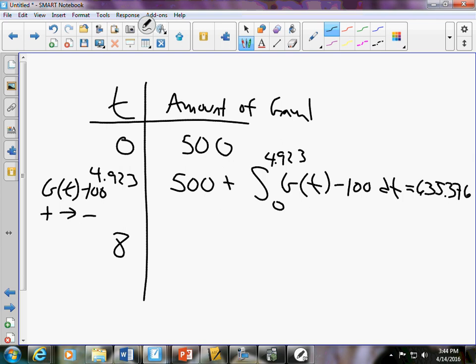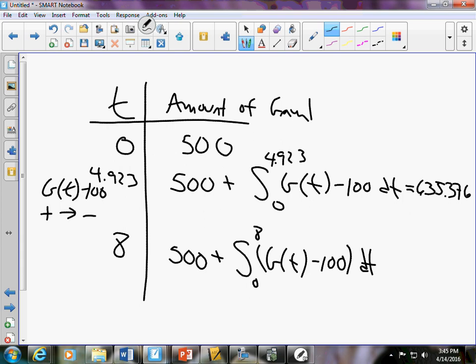Okay. And then if you've done all that to get how much gravel you have at time 8, you're going to take how much you had to begin with and add the change from 0 to 8 of G of t minus 100. Oh, you know what, guys? I didn't do something that we have to do still before we finish answering this question. You're going to tell me one thing that I didn't write here that's really important.